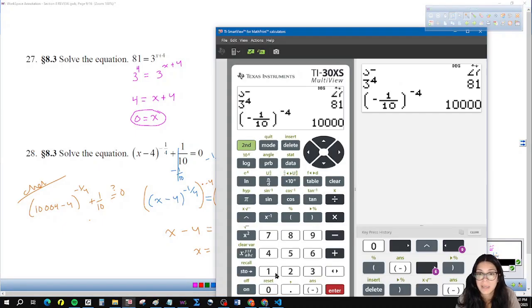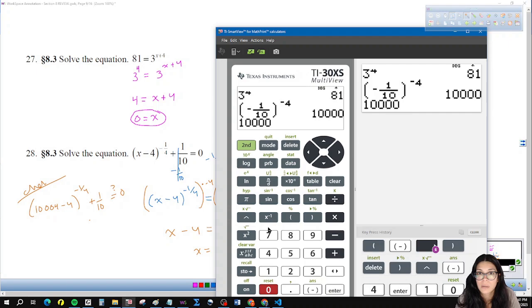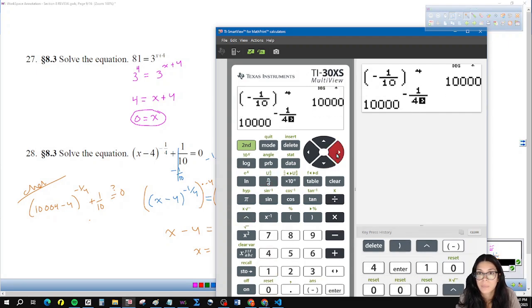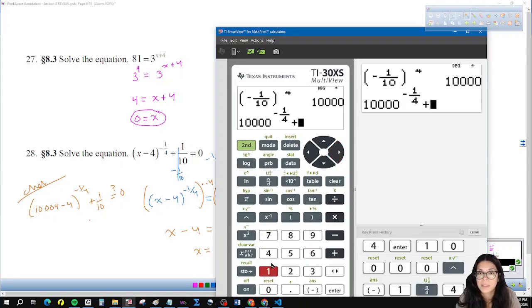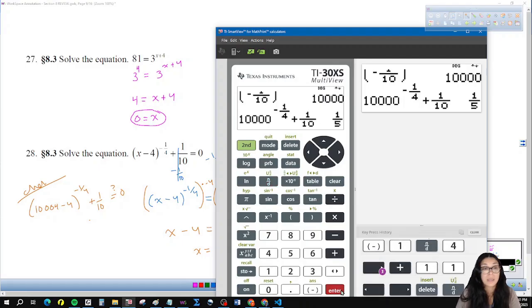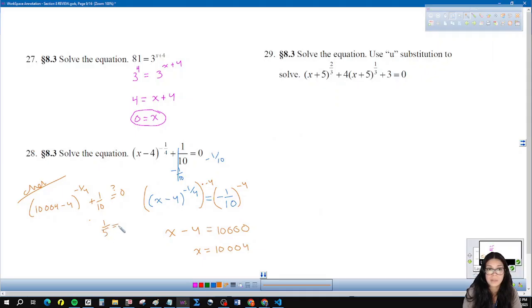So I can plug into my calculator 10,000 to the power of negative 1/4, and then plus 1/10. And it equals 1/5. So no, it does not work out. 1/5 does not equal 0. This is not a solution, and there are no other solutions, so there's just no solution on number 28.